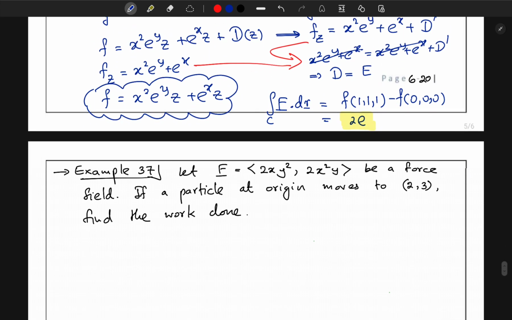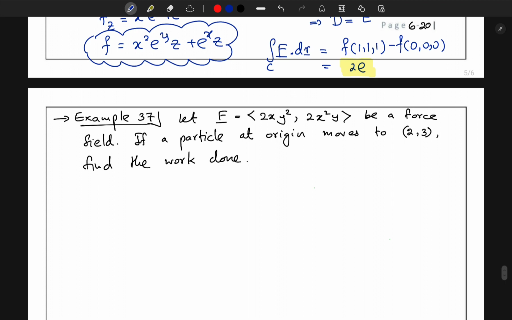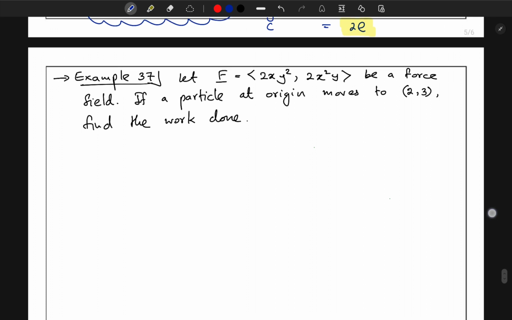Now this is the last example for the day and for the section. It's a physical application. Let F be given and it's a force field. If a particle at the origin moves to 2, 3, so they are telling us at the beginning it's here, at the end it's at 2, 3.